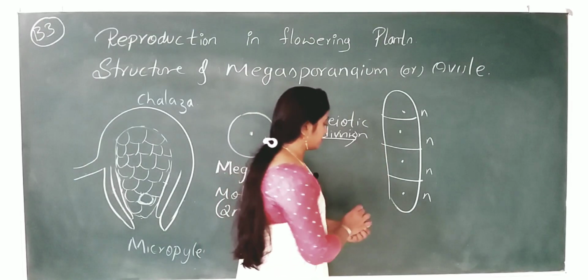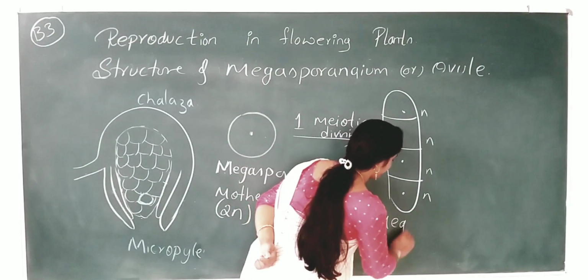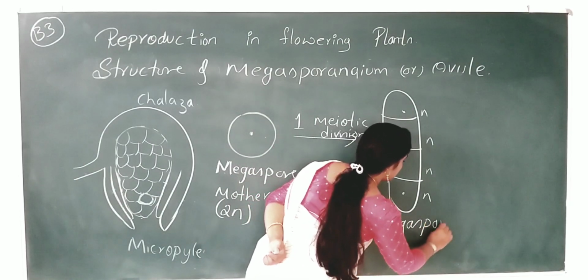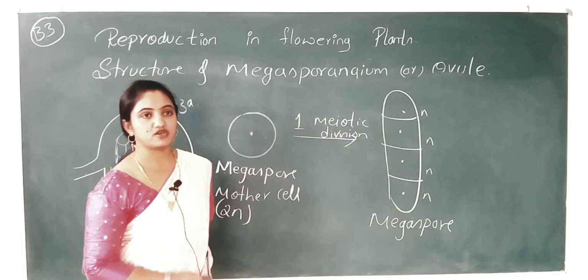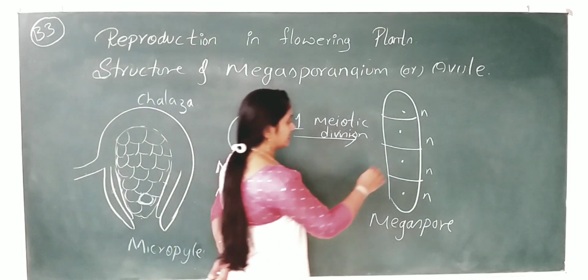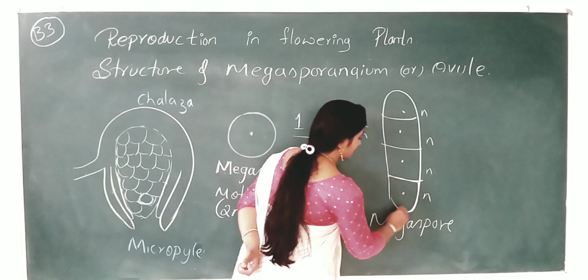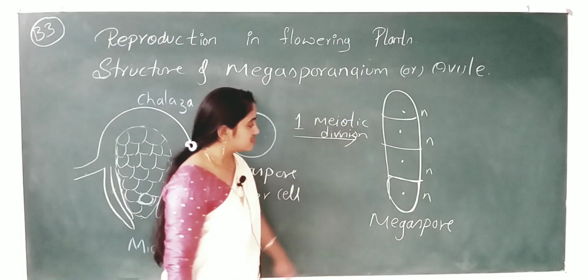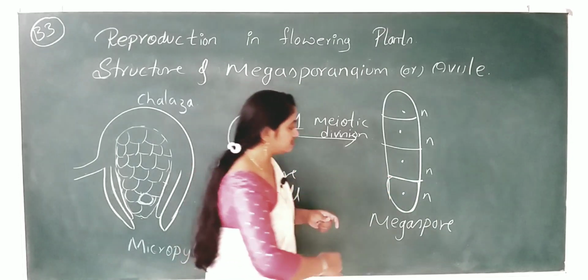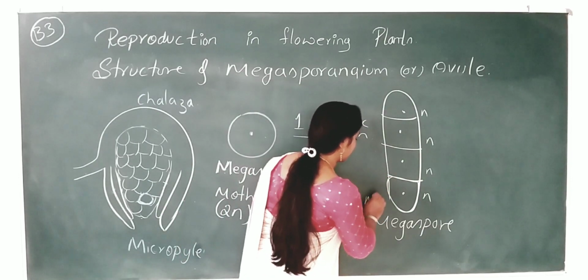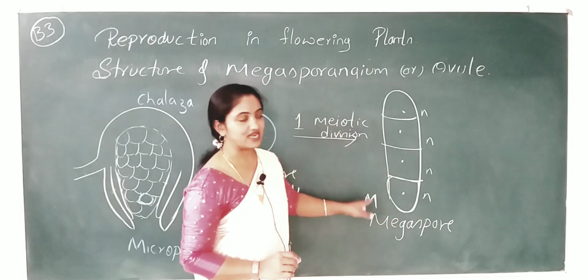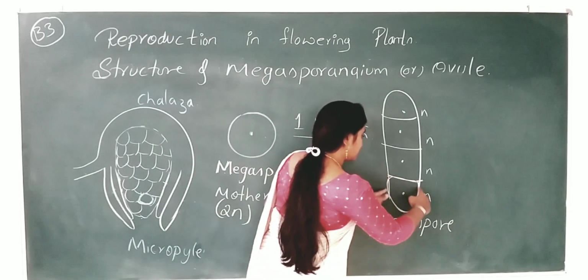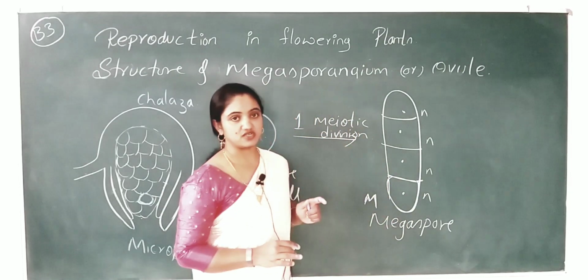So we have here 4 megaspores. All the megaspores do not develop further, only the cell which is nearer to the micropylar end will remain functional.